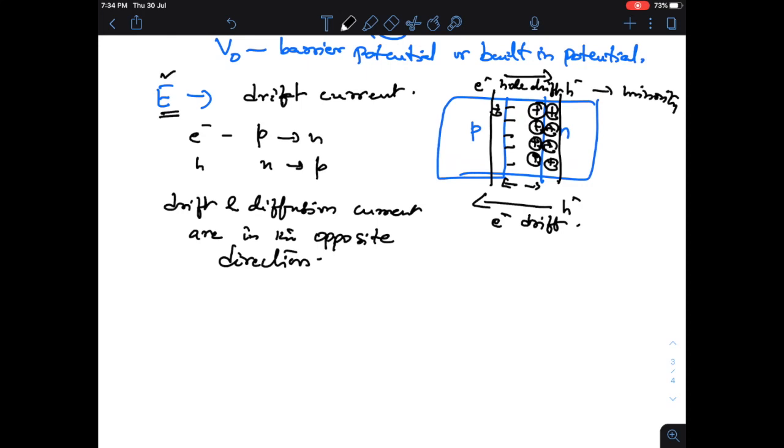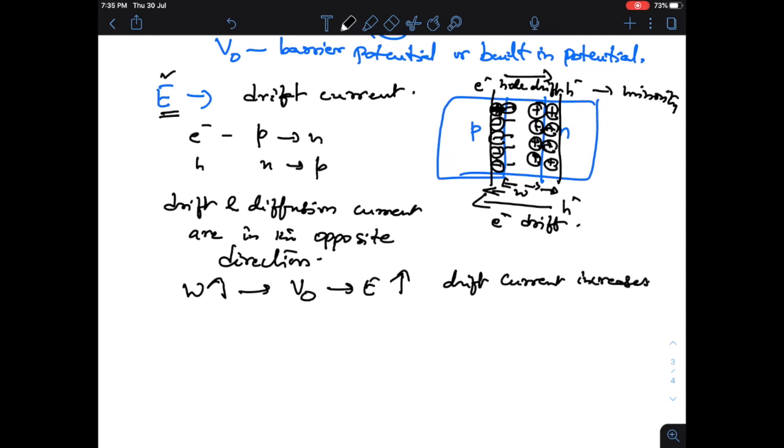Because of that, this width will increase. As the diffusion continues, the width of the depletion layer increases. As such, V naught and hence E increases, hence drift current increases.